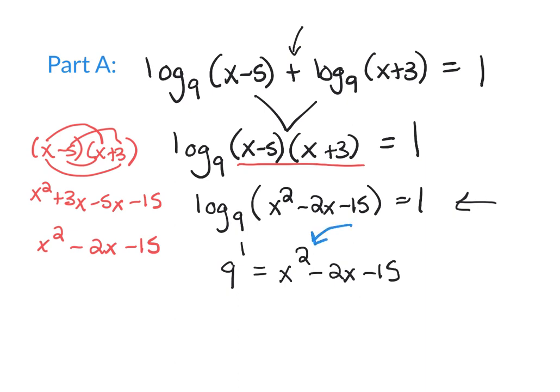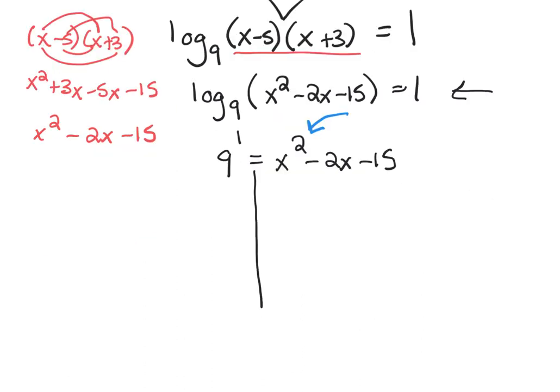Anytime we have an exponent, let's look to solve by factoring. To solve by factoring, we have to have our equation set equal to 0. So 9 to the first power is just 9. I'm going to subtract 9 and subtract 9. So 0 equals x squared minus 2x, negative 15 minus 9 is negative 24.